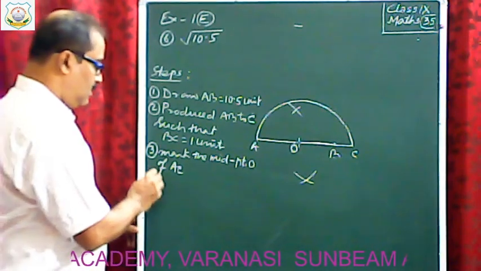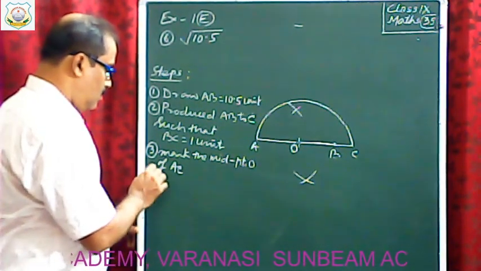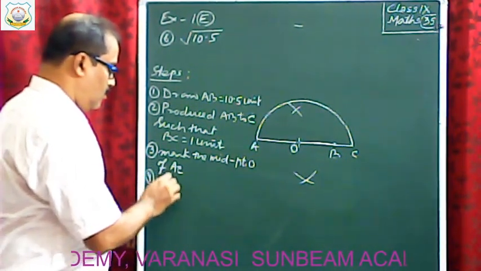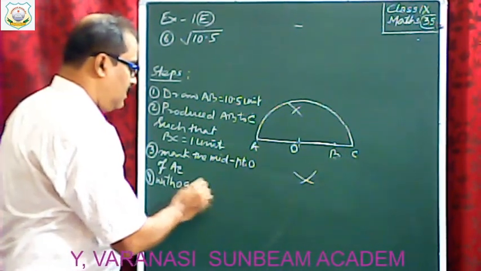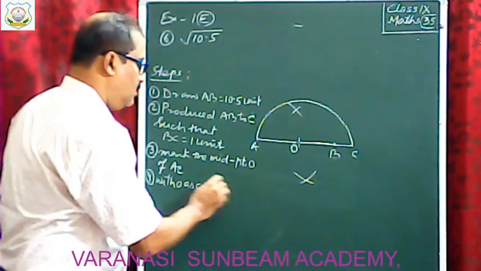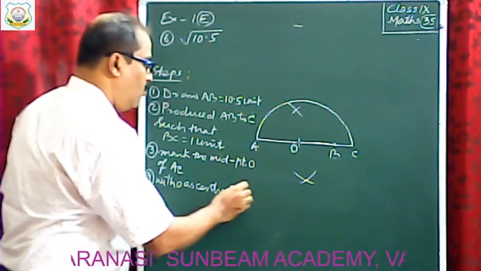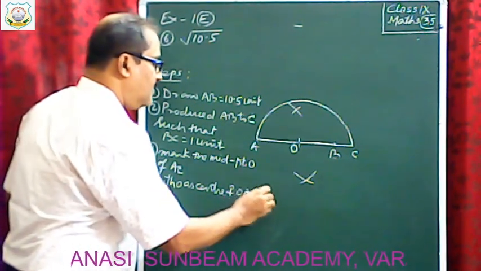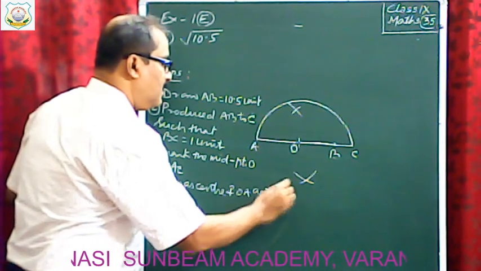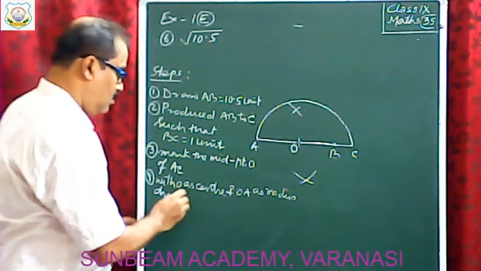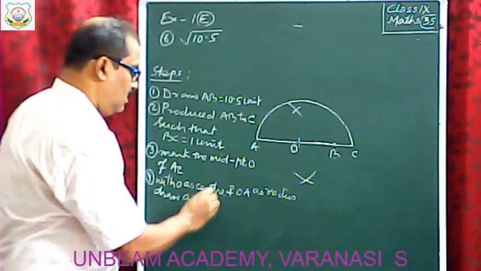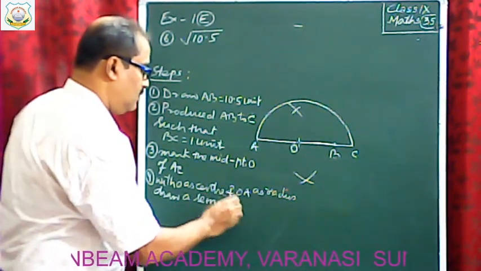Step number 4: With O as center and OA as radius, draw a semicircle.